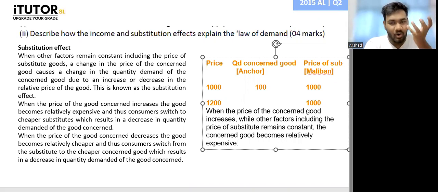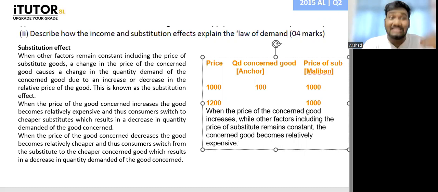When the price of your good increases, while everything else is constant, your good becomes relatively expensive. The relative price of your good goes up. What is relative price? Compared to another. For example, if I am charging 10,000 monthly class fees and some other teacher is charging 3,000, you can say Arshad sir is relatively expensive.